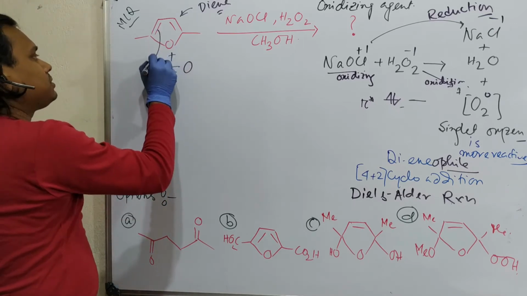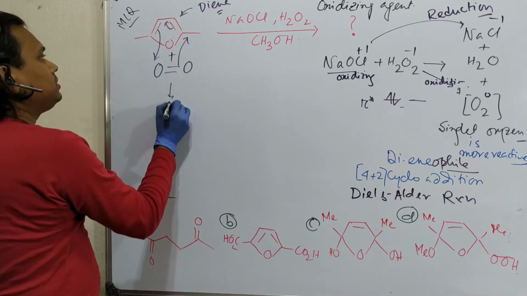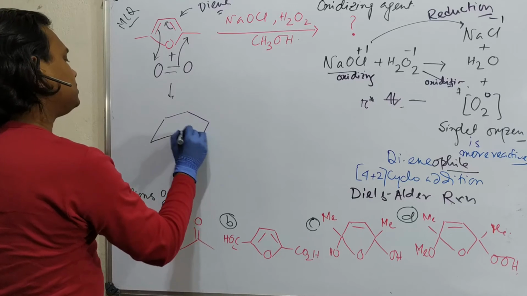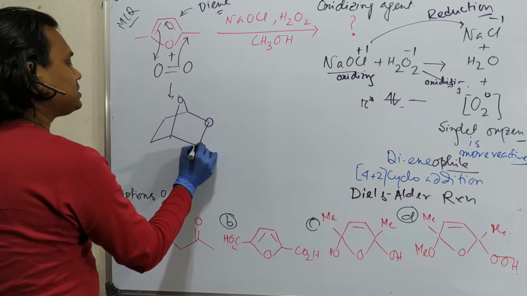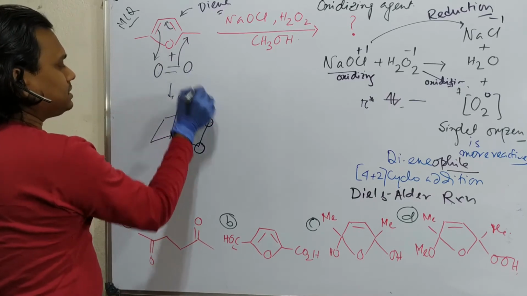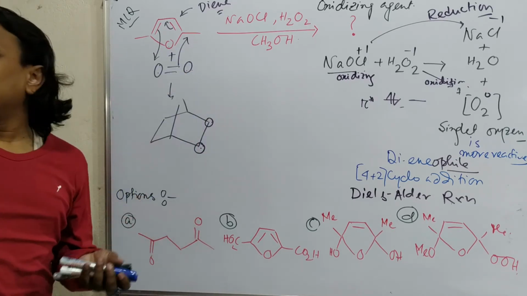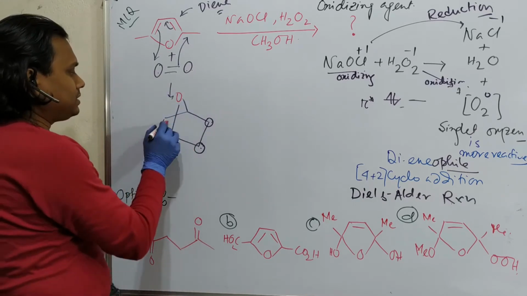It attacks here, it goes there. So in this way it resulted. This is the peroxy oxygen, these two oxygens, and the furan oxygen, which is better for me to mark using a proper color. So the red oxygen is in red, and this double bond.